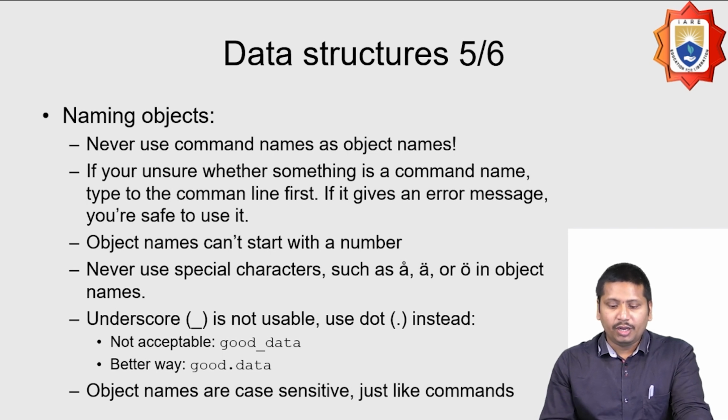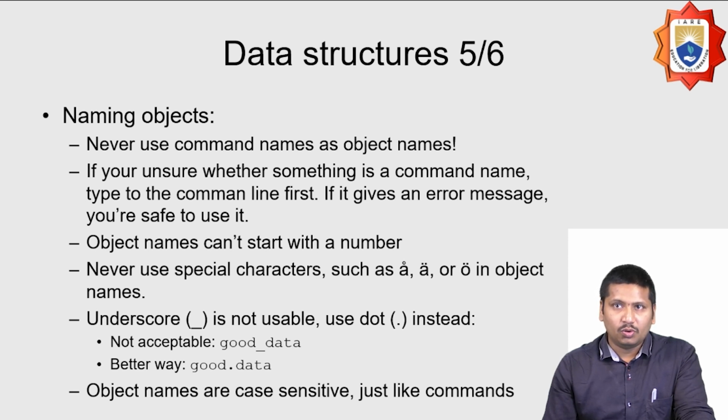And next one should be naming objects. Here in naming objects, you should never use the column names as the row object names. And if you ensure whether something is a command name by typing it to the command line, and it gives some error message, that means you are safe to use it.